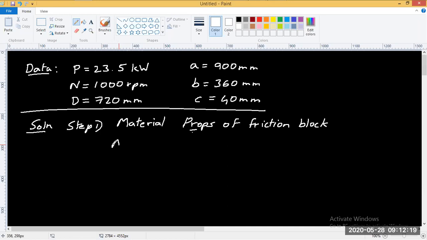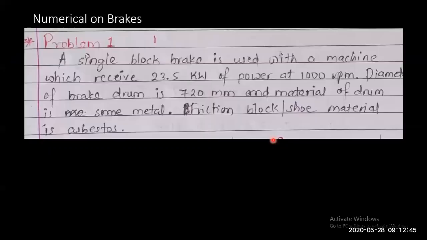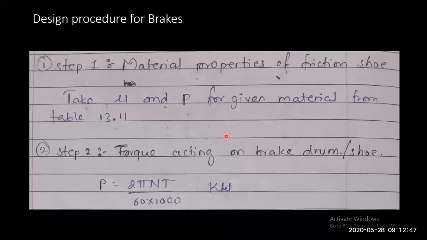Let's say asbestos with some metal, which is not given. So for this combination of asbestos and metal, we just need to check table 13.11. So let's look at the table. Yeah, right.